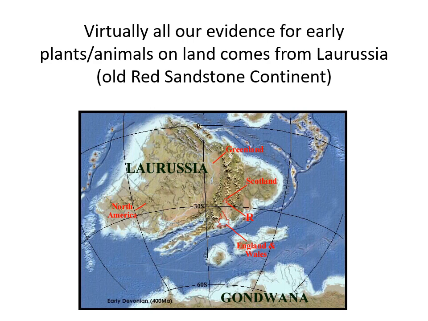So one of the nicknames we have for the old assemblage of Laurussia is the old red sandstone continent. So when we look at our early Devonian facies today, a lot of them are shallow water to terrestrial environment, and that's where we find a lot of these organisms preserved.